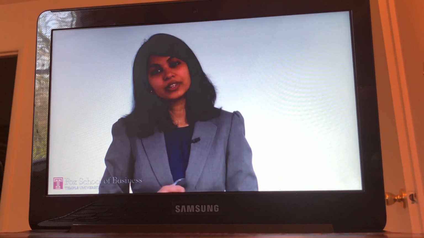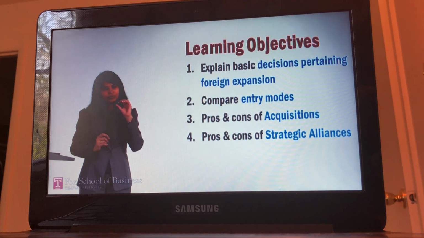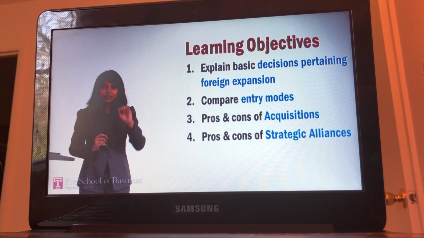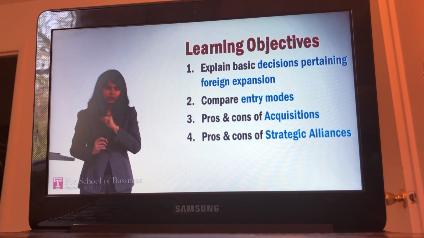So, what have we learned today? We now know that if today I have to make a decision as a CEO of a firm, these are the basic three decisions that I need to look at. I need to find a market, or where I should make the investment.